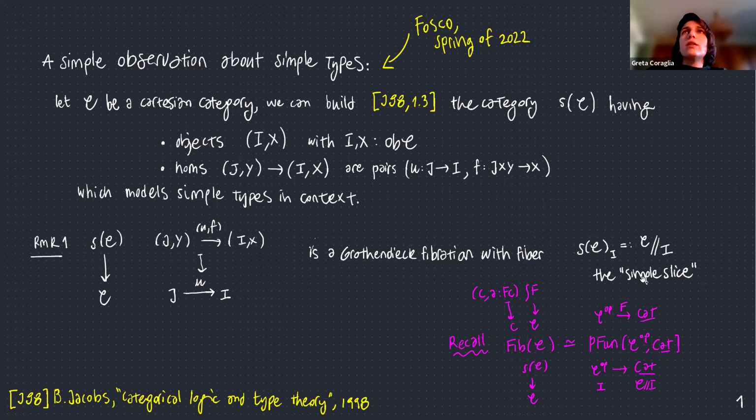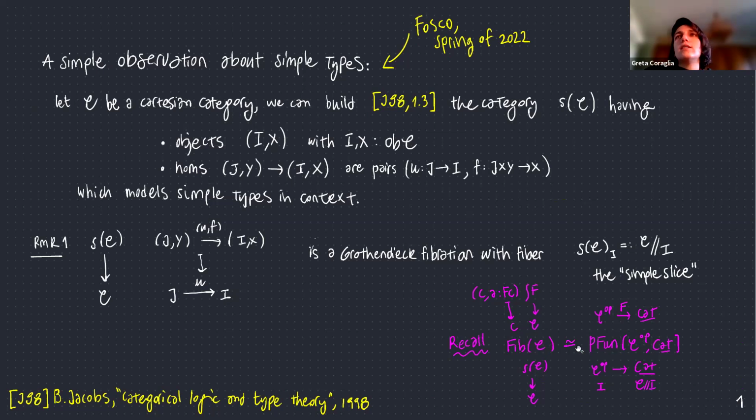I'm going to be going back and forth between Grothendieck fibrations, pseudo-functors and indexed categories. So let me just recall the basic result that we're going to use. There is a 2-equivalence between fibrations over a base C and pseudo-functors from the opposite of C into Cat.